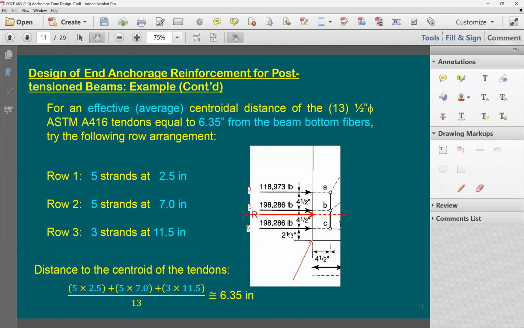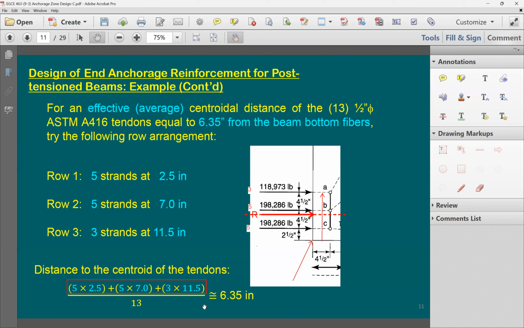So you can just say 5 times 2.5, plus the next 5 strands times 7 inches, 2.5 plus 4.5 is 7 inches, plus 3 times 11.5 inches. Where is 11.5? It's from here to there, right? So this term is going to be all the moment due to the prestressing strands.